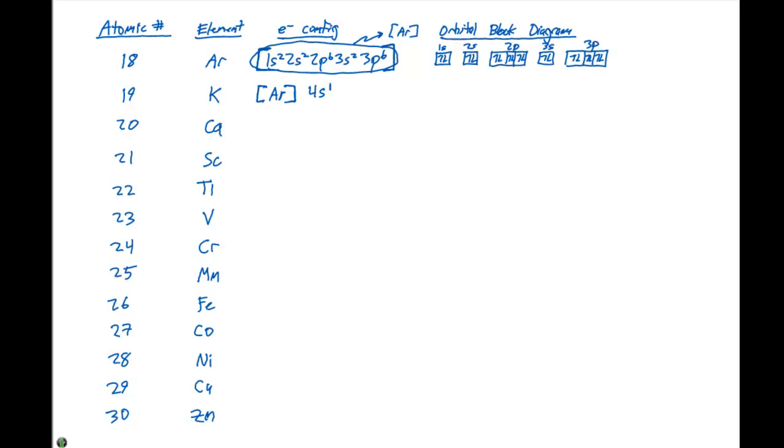The orbital block diagram is going to be very, very similar, and for potassium, it's going to be 4s1. For calcium, we can abbreviate the noble gas core the same way. We need to add one more electron, and it's going to be argon 4s2.